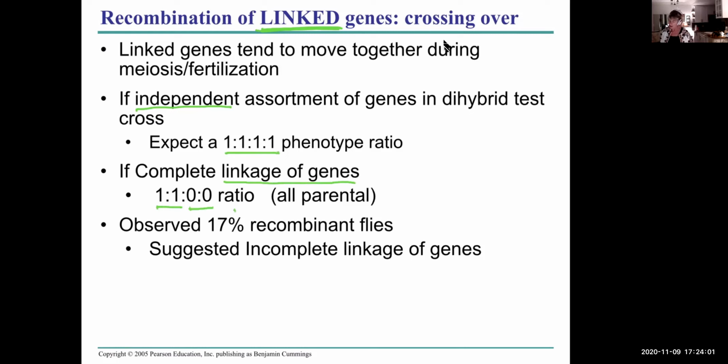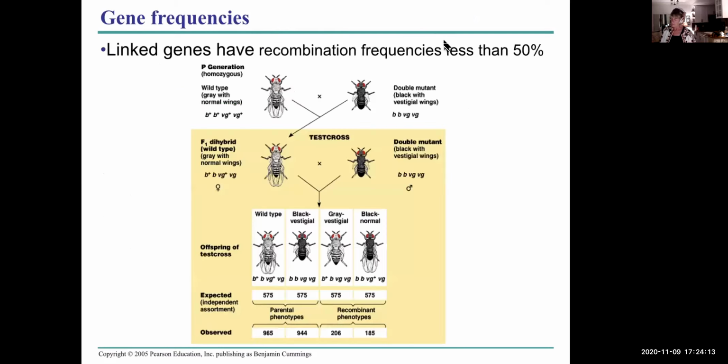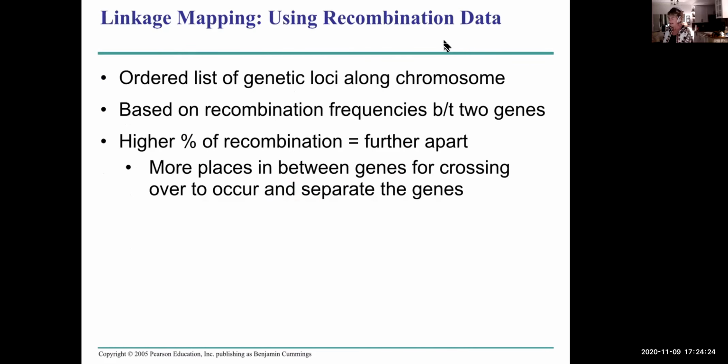But there's an observation that about 17% of the flies were recombinants, in spite of the fact that their genes were linked. So a different frequency, less than 50%. Why is that? Well, that is because some chromosomes cross over.